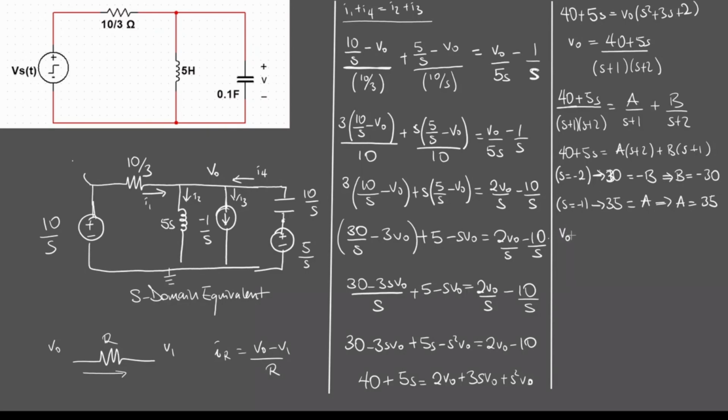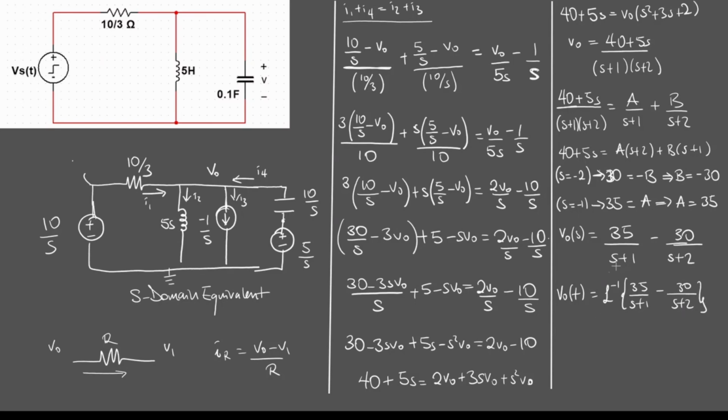We now know that V naught as a function of s is going to be 35 over s plus 1 minus 30 over s plus 2. These are constants. Bringing them out and taking the inverse Laplace, we know that v0 as a function of time is the inverse Laplace of 35 over s plus 1 minus 30 over s plus 2.